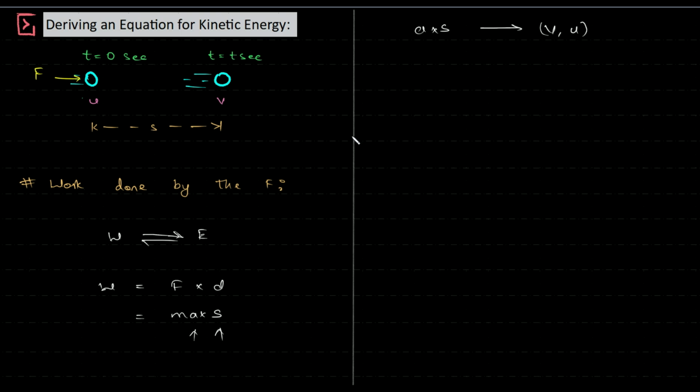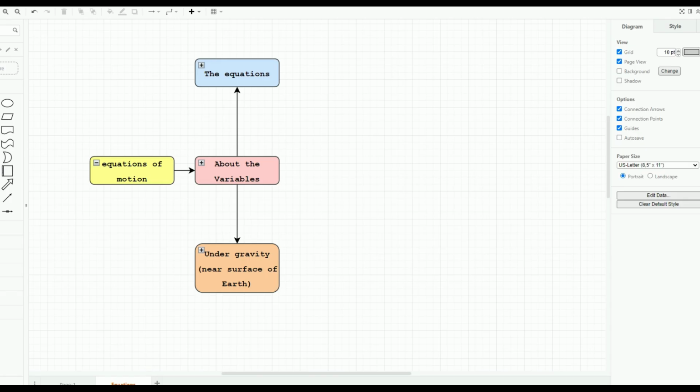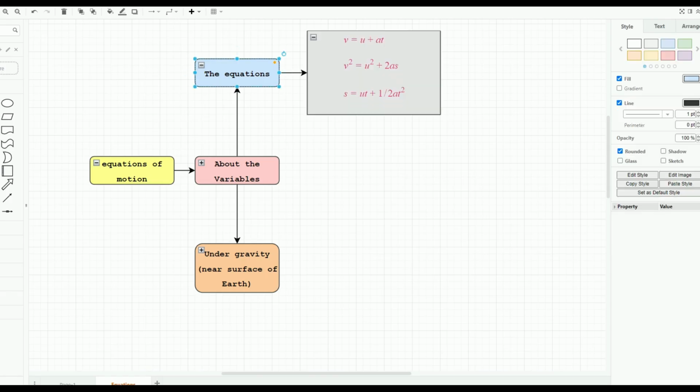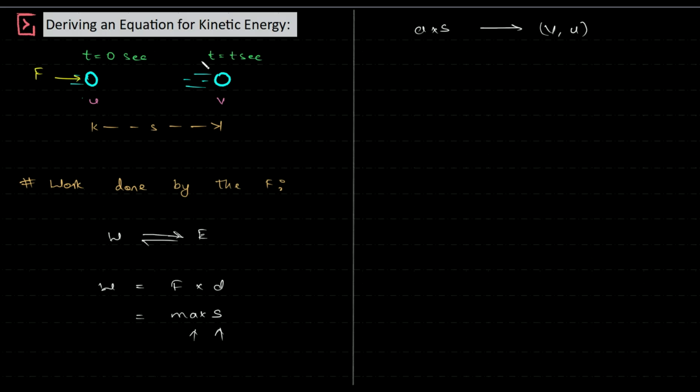Where do we get an equation with acceleration, displacement and velocities? Yes, equations of motion. Which equation are we looking at? Yes, the third one: v, u and s come in, and a also comes in this equation. So we have v square equal to u square plus 2as.